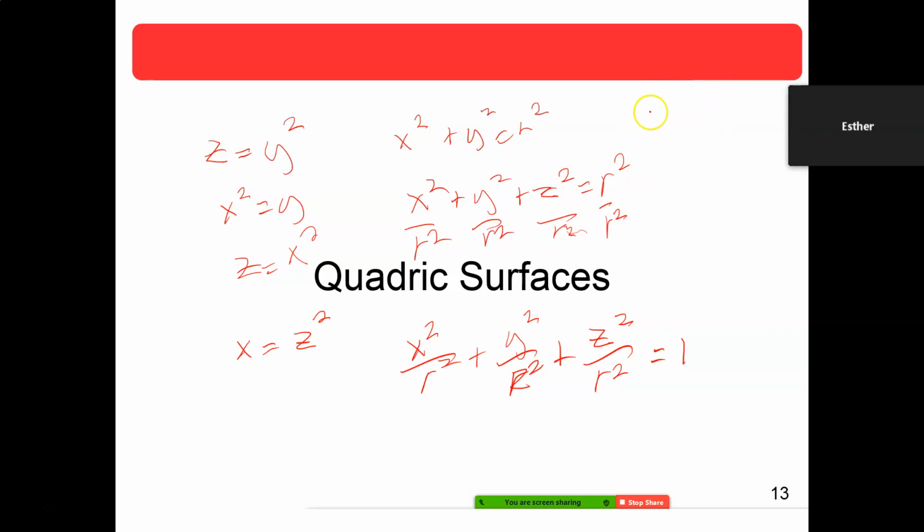Now a circle is x squared plus y squared plus z squared, or x squared plus y squared is equal to r squared, or any other two coordinates there. Plus sign in between, and for a circle, all your denominators would be the same.